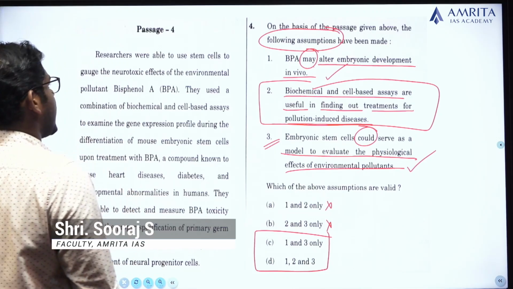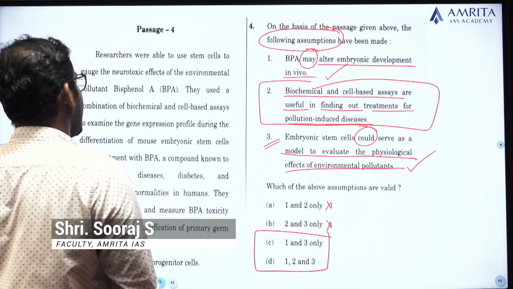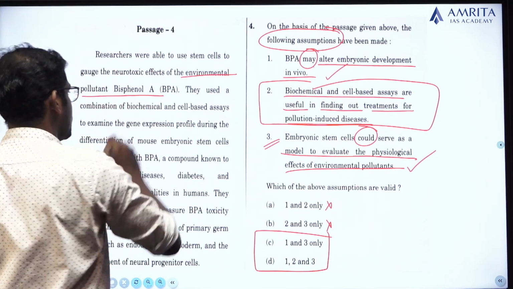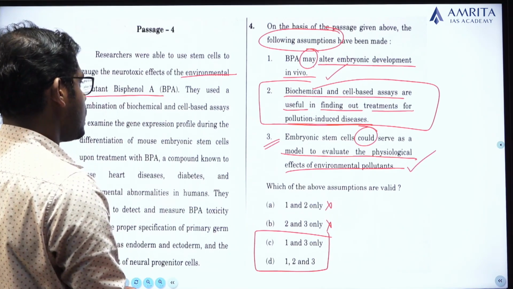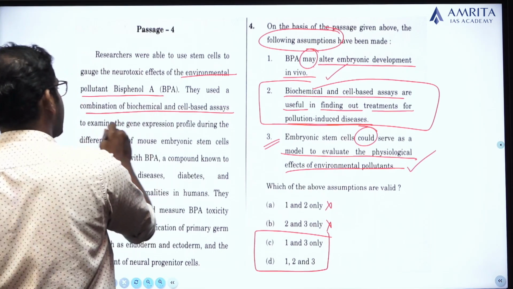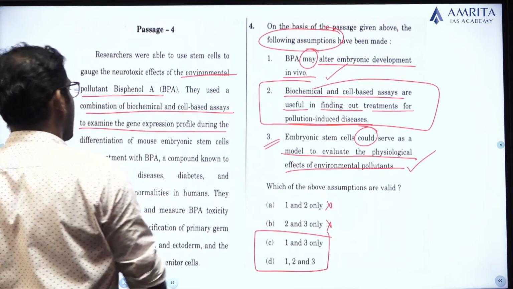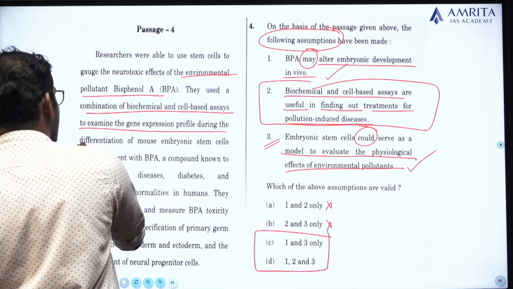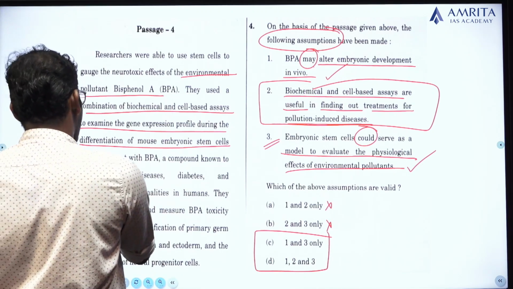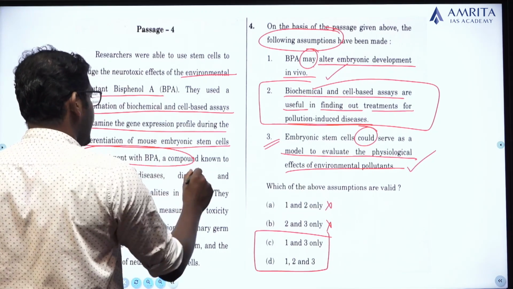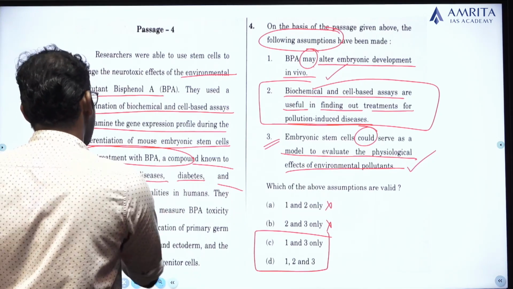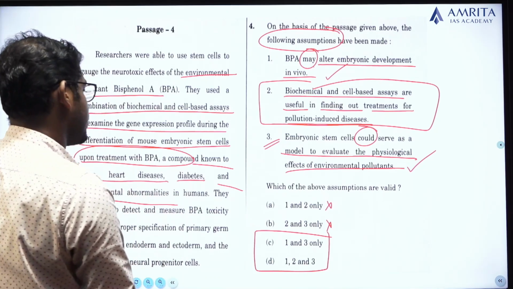Researchers were able to use stem cells to gauge the neurotoxic effect of the environmental pollutant bisphenol A. Okay, they used a combination of biochemical and cell-based assays to examine the gene expression profile during the differentiation of mouse embryonic stem cells upon treatment with BPA, a compound known to cause heart diseases, diabetes, and developmental abnormalities in humans.